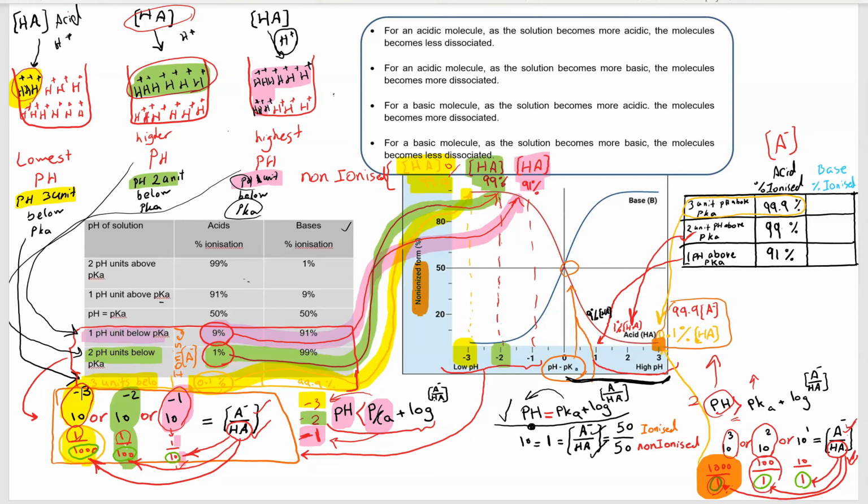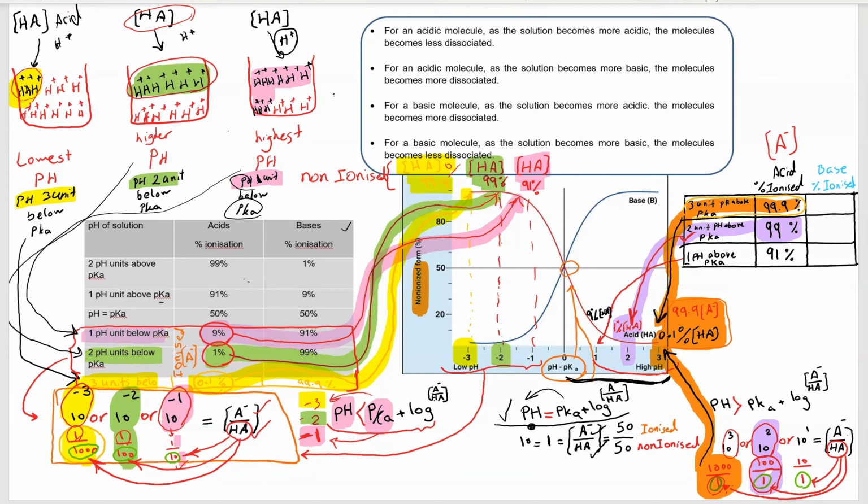That's equal to this one. So now 99% of your acid dissociates. So 1% of them don't dissociate, so they are not ionized.